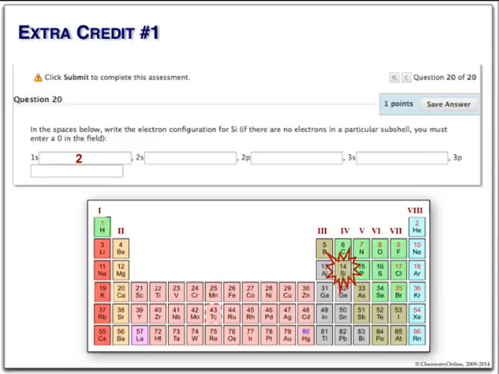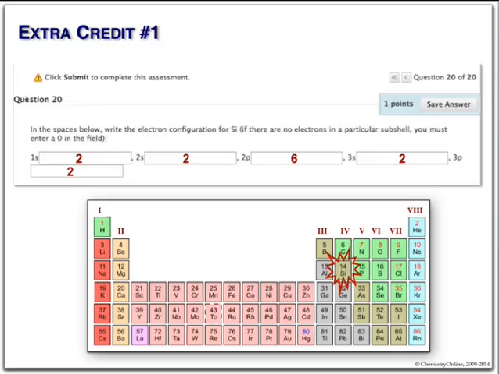Our second period is also full, so there'll be 2 electrons in the 2s. There will be 6 electrons in the 2p. Our 3s is also full. And we're over here on the 3p's. We have 1, 2 electrons. So it looks like that.